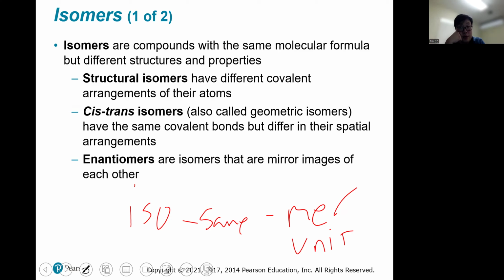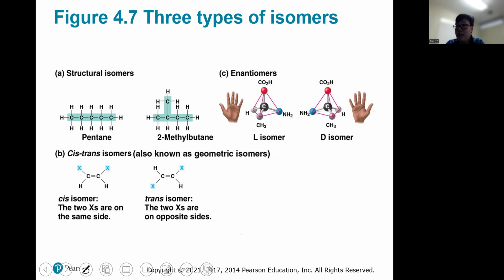So you can have structural isomers. Now, these are just rearrangement of atoms that uses the exact same pieces, but just built in a different way. Cis and trans isomer will require a double bond present, but you either have it on the same side or alternating sides. If it's cis, it's same, trans is alternating. And enantiomers are mirror images of each other. Okay, so here are just examples, and I'm hoping this makes sense.